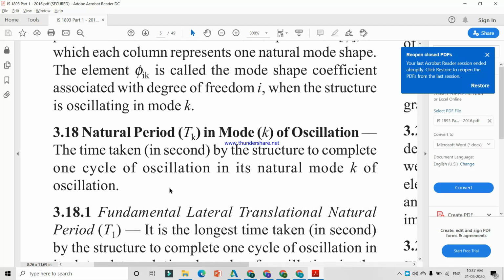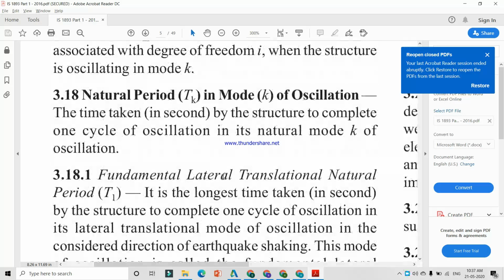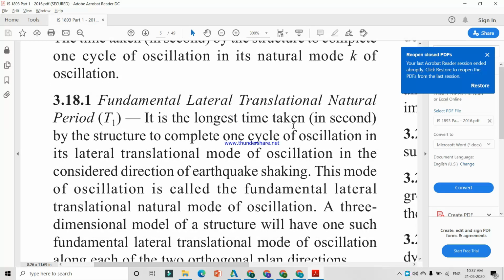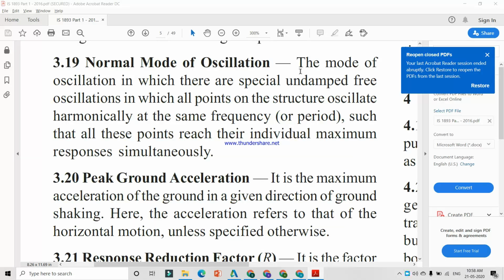The next is the natural period in the mode of oscillation. Natural period is the time in which the structure completes one cycle of oscillation in its natural mode. We can also call it the fundamental lateral translational natural period of oscillation.